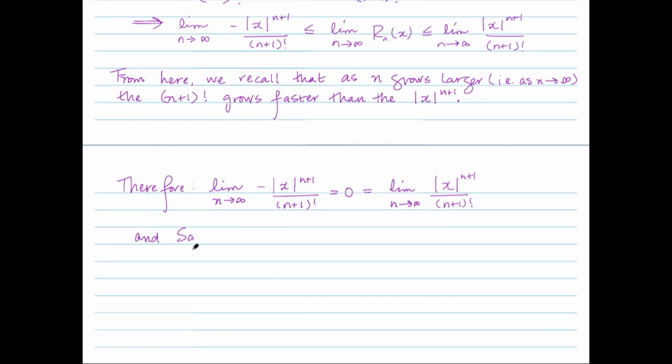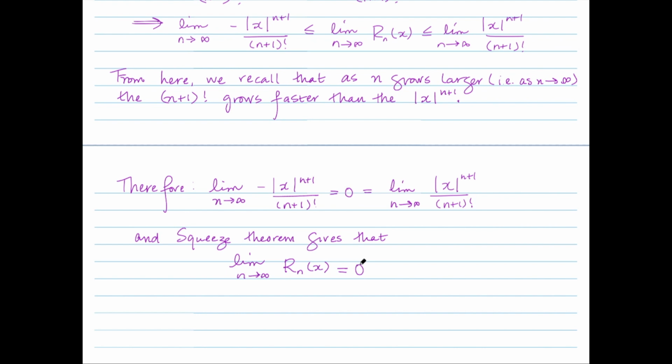And then the squeeze theorem gives that the limit as n approaches infinity of our lovely remainder has to equal 0 for all real x. In other words, our radius of convergence is infinity.